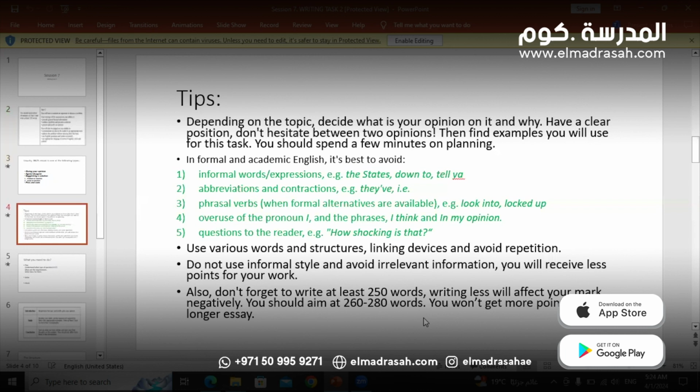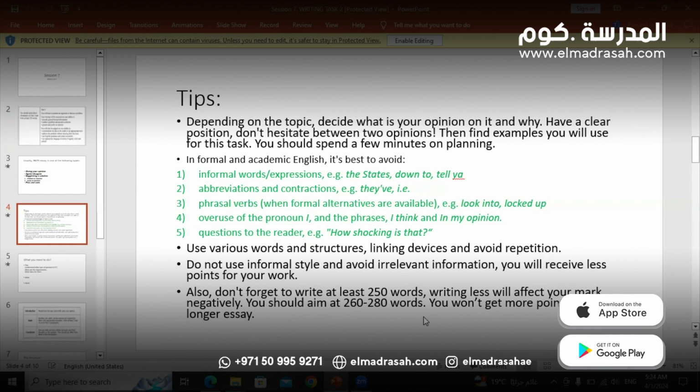Okay, so this is task number 2. And you should write at least 5 paragraphs here. The introduction is the first paragraph, and then 3 body paragraphs: body paragraph number 1, body paragraph number 2, body paragraph number 3.